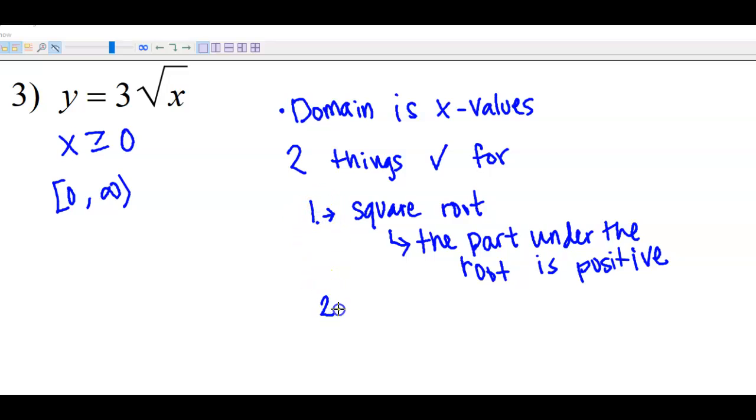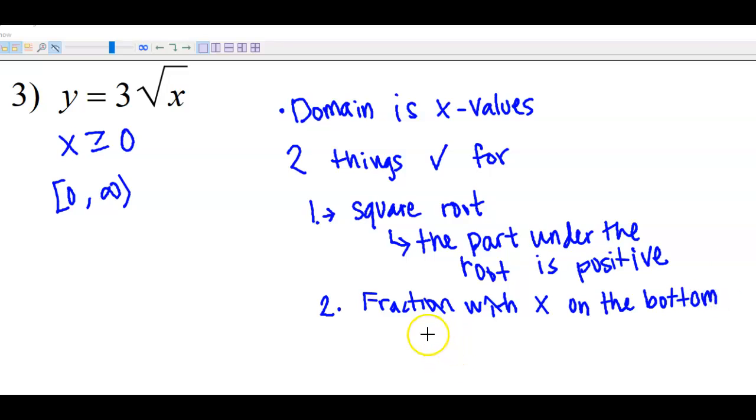The second thing to look for is a fraction with x in the denominator. So if you don't have either one of these things, if you don't have a root and you don't have a fraction with x in the denominator, remember that's on the bottom. The denominator is the bottom of the fraction. If you don't have either of those problems, then your domain does not need to be restricted.